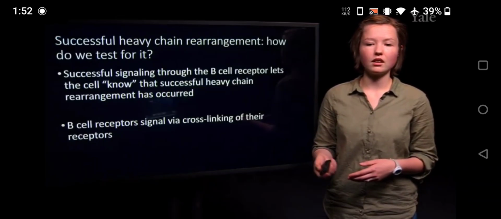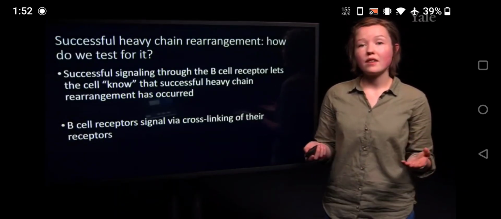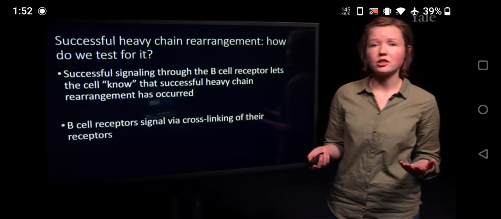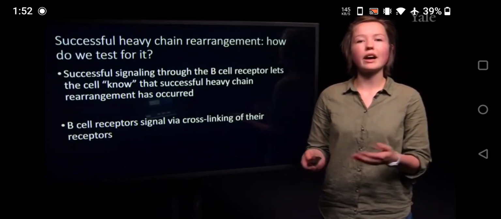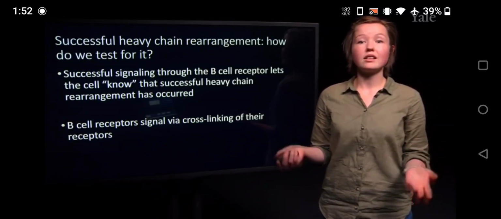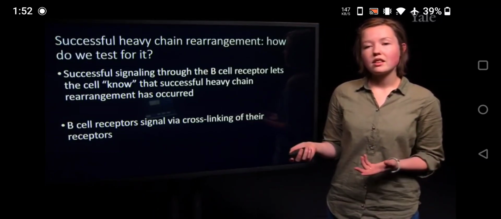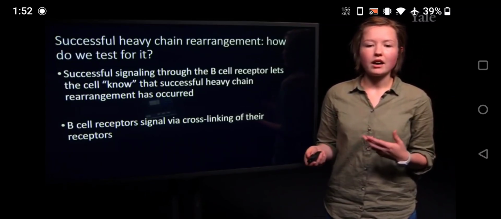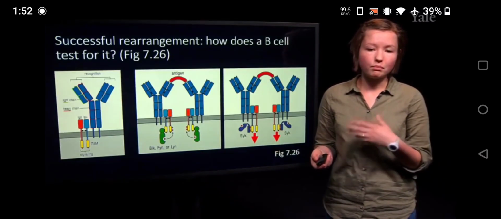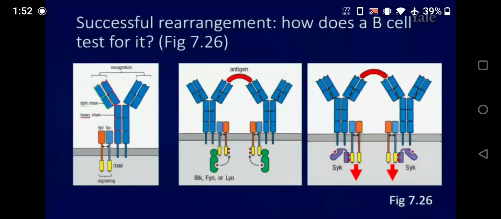So in the event that we do have a successful heavy chain, or that we don't, how do we actually test for a successful heavy chain? And the way that this is brought about is by mimicking B cell receptor signaling. So if we look at our B cell receptor here, when antigen is recognized by that B cell receptor, there are several adapters that result in downstream signaling within the B cell.